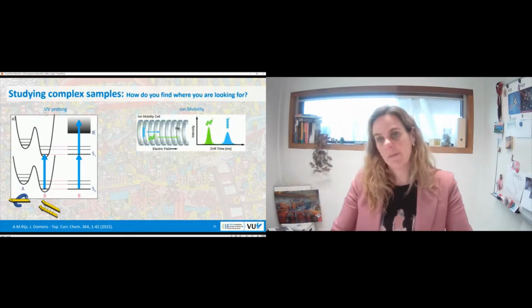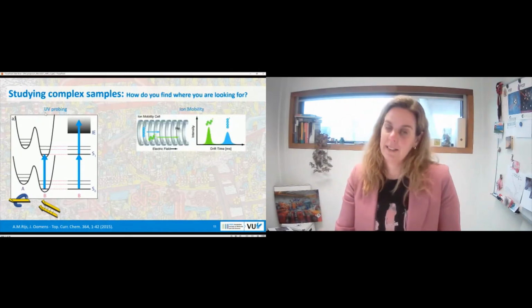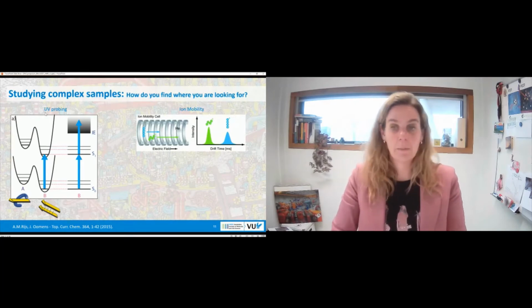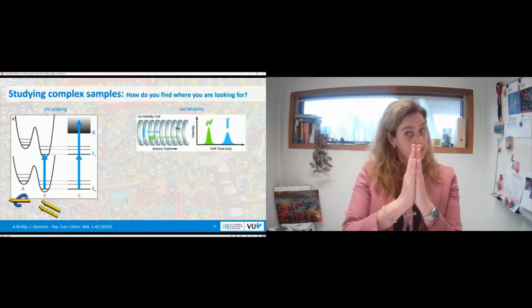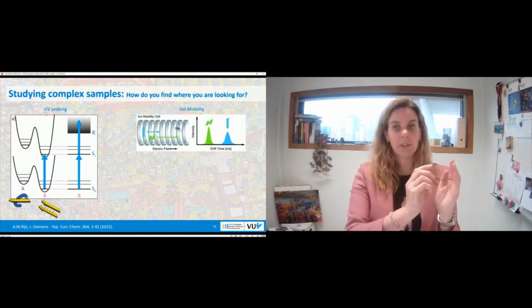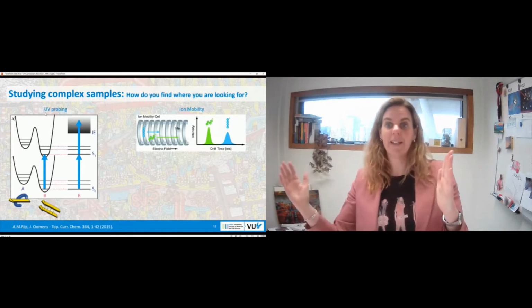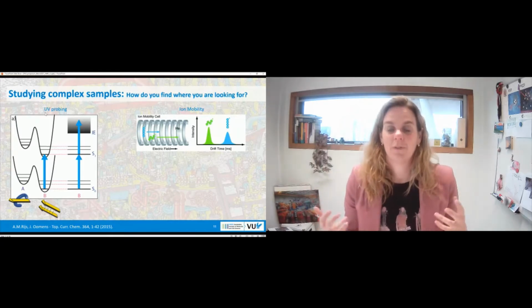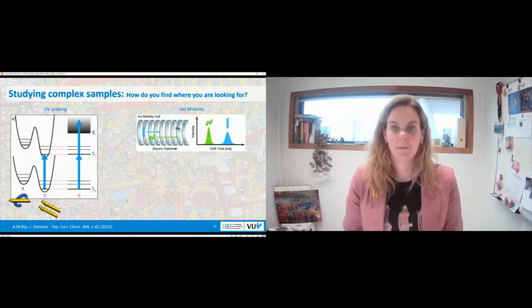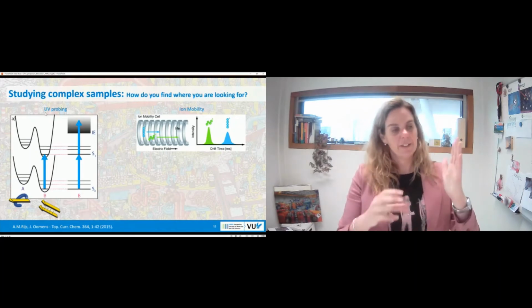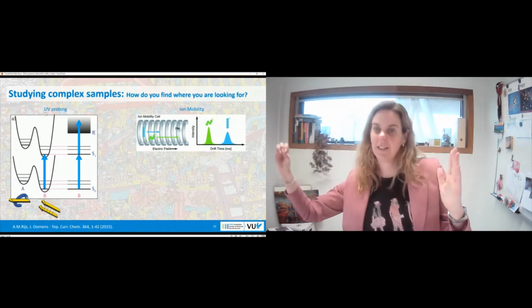The other one is ion mobility, and that is actually what we use at the moment in the lab. We have an electric field inside our mass spectrometer that goes from left to right. Our 2 or 3 conformations go inside this ion mobility cell, and the electric field pulls them through the cell.